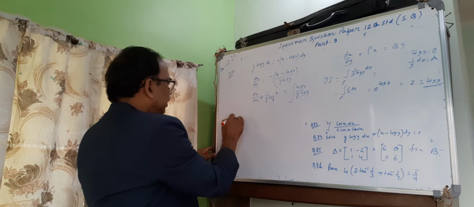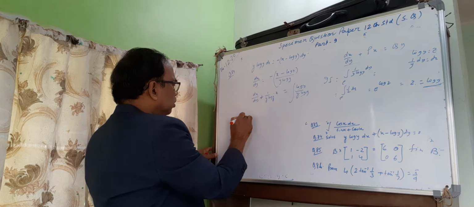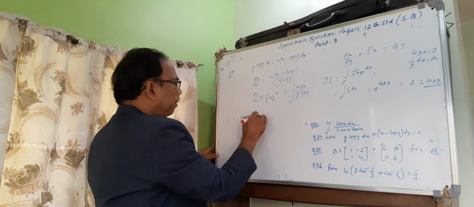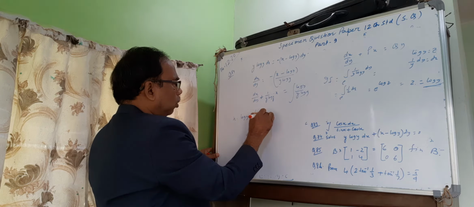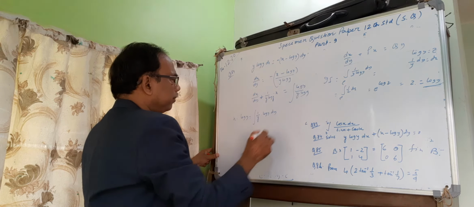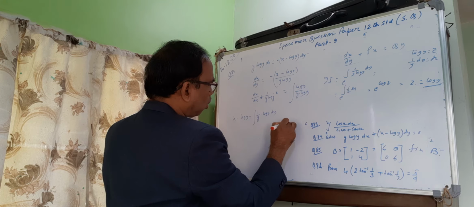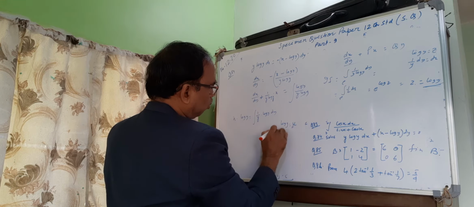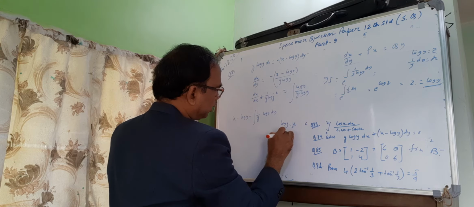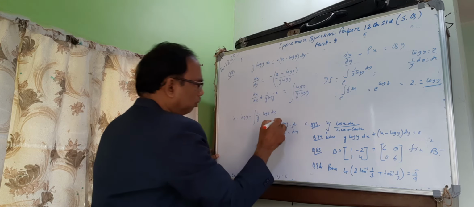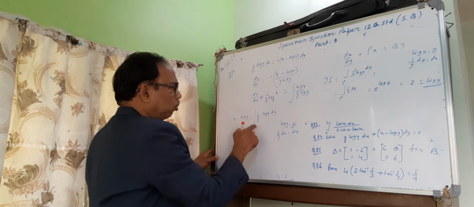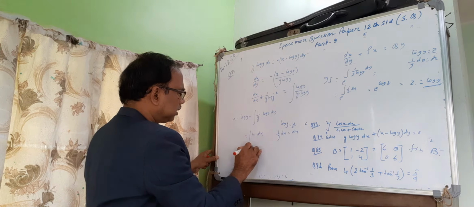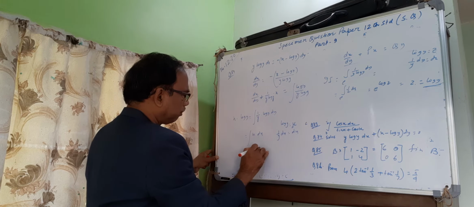Now x into the integrating factor, x into log y equals integration 1 by y log y dy. Put again log y equals u, 1 by y dy equals du. Then it becomes integration u du, that is u square by 2 plus c.